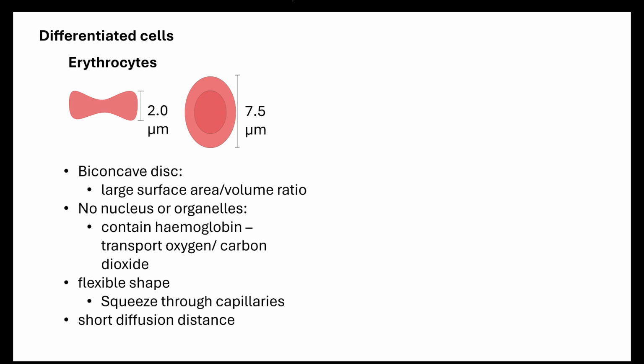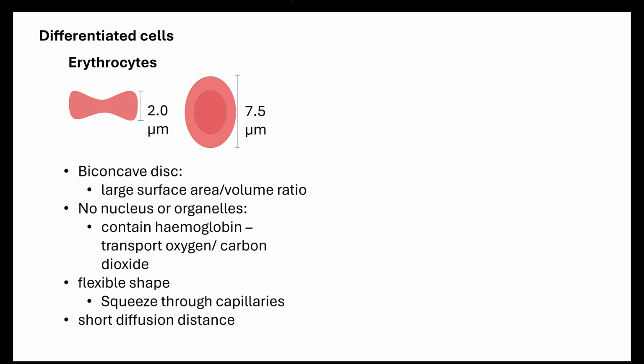Now, hemoglobin is a globular protein that was made through protein synthesis. So the DNA had to be present to make the hemoglobin, and then when it was no longer needed, it was removed. So it's important to note that as the cells differentiate, they change to have that specific function. In this case, the hemoglobin allows for the transport of oxygen and carbon dioxide.